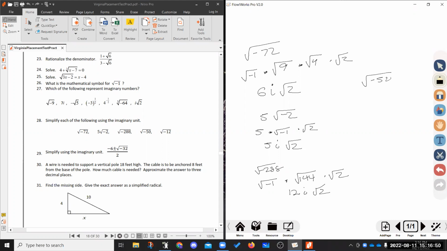Root negative 50 is root negative 1 times 2 and 25, which is 5i root 2. Root negative 12, negative 1, 4, and 3 is 2i root 3.